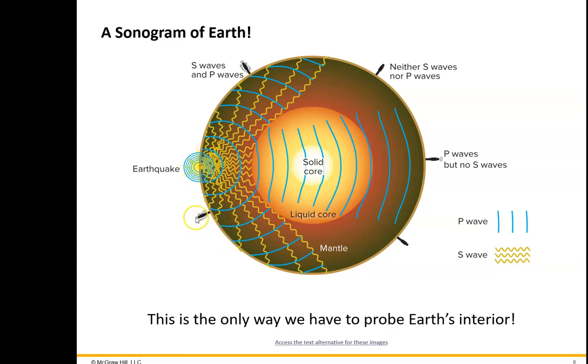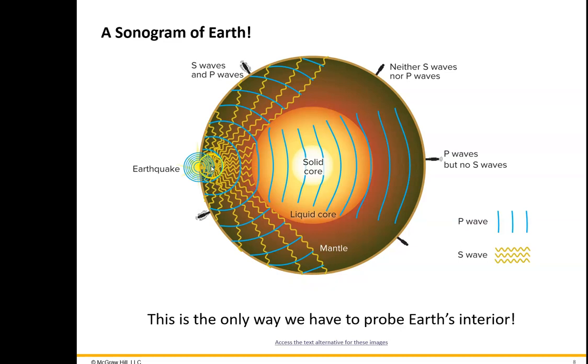This detector would get these waves very quickly. They don't travel exactly at the same speeds, but that's not really important to our story. The thing that's important is you're creating both S and P waves. Detectors over here would detect S and P waves, and a detector right here.